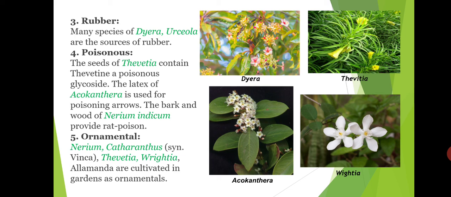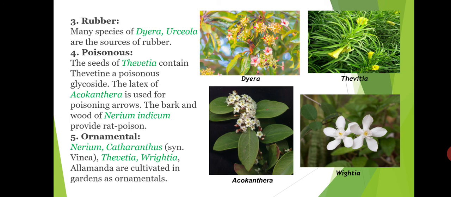Here this Nerium is Manjarali. And ornamental, many of the species are with showy flowers, that is Nerium, Catharanthus, Thevetia, Tabernaemontana, Allamanda are cultivated in gardens as ornamentals. Okay, these are the characteristics.